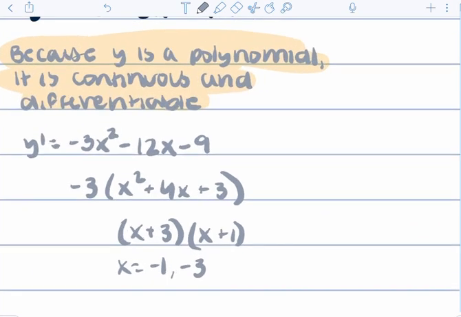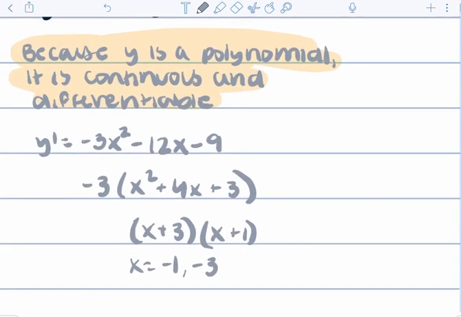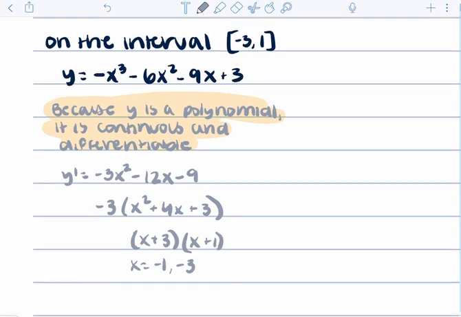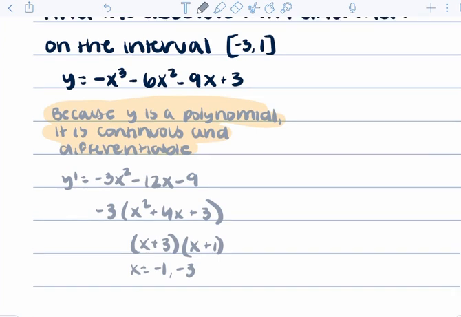And next we need to make sure that these values are actually on the interval. So they're both on the interval, and they both are -3 and -1.